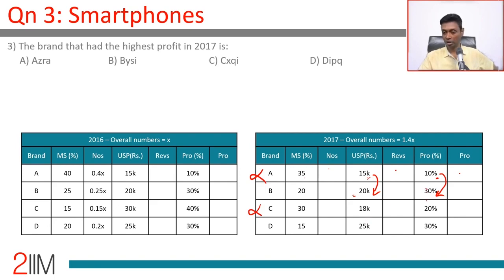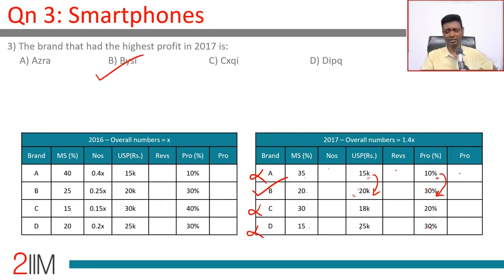D, 30% profitability. This is same. 20K, 25K, 20% share, 15% share. 20 to 25K is higher, but 15 to 20K is higher by a greater percentage. So this will be off. This will work. So the highest profit in 2017 is B. The beauty here is we don't have to compute the numbers.